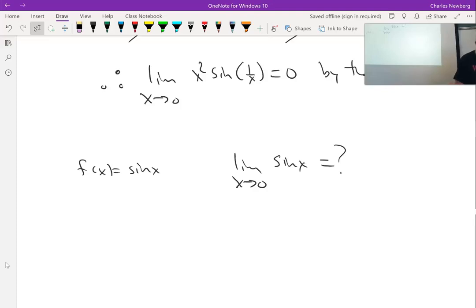I'm going to graph y equals the absolute value of x. And from previous days, the absolute value of x is what? A v, right? Opening up. And then I'm going to graph y equals minus that absolute value of x. And then I'm going to put in y equals sine x.